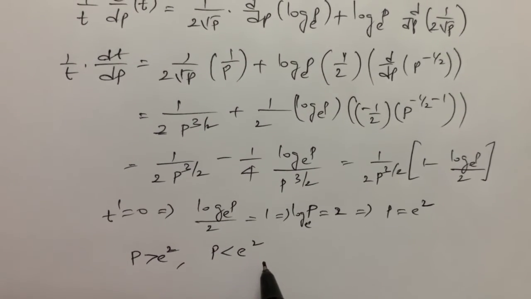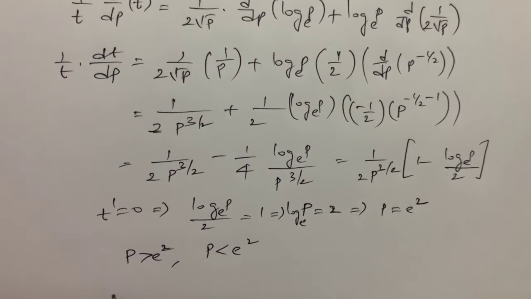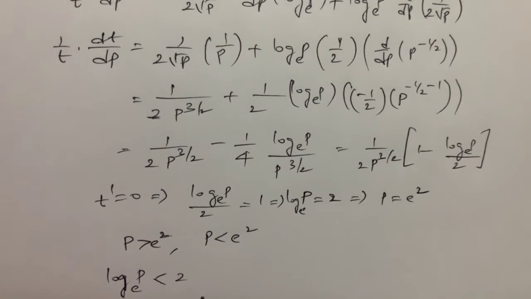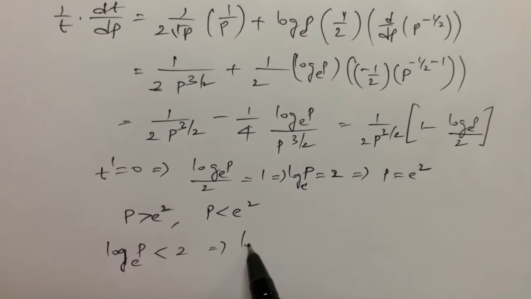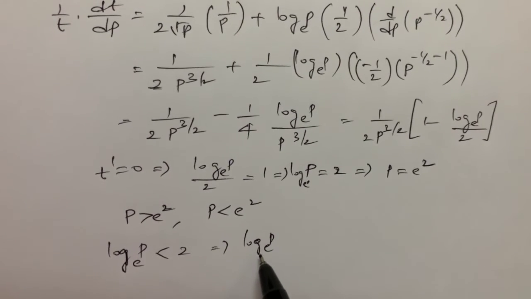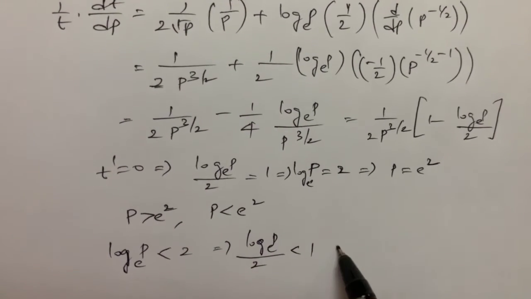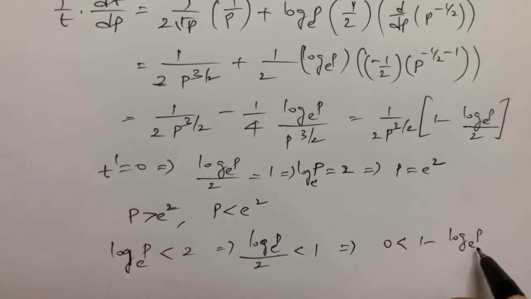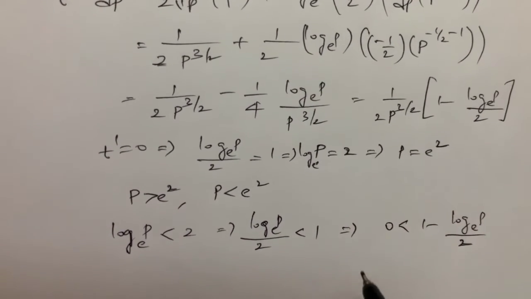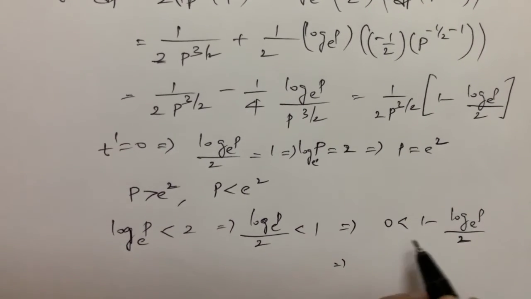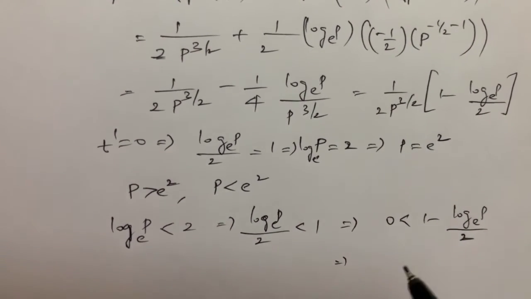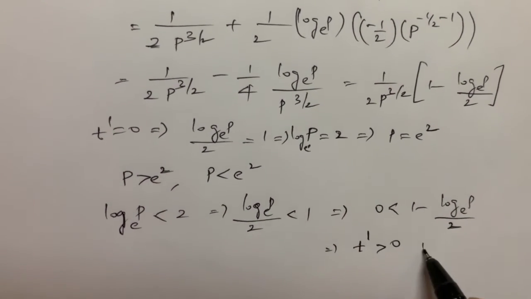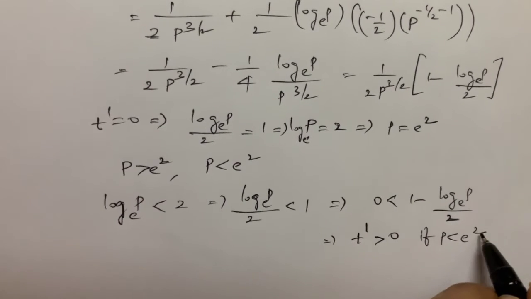If p is less than e square, then log p to the base e is less than 2, so log p to the base e by 2 is less than 1. So 1 minus log p base e by 2 is greater than 0, which means t dash is greater than 0 if p is less than e square.